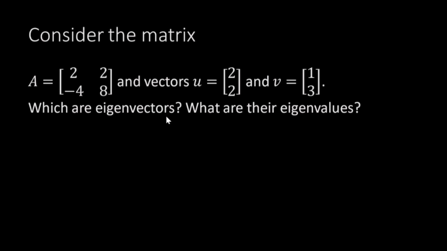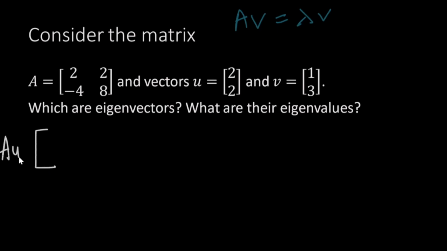So to determine the eigenvector, remember the formula AV equals lambda v. So we need to multiply A with vector v or u in this case. So let's multiply A with u.